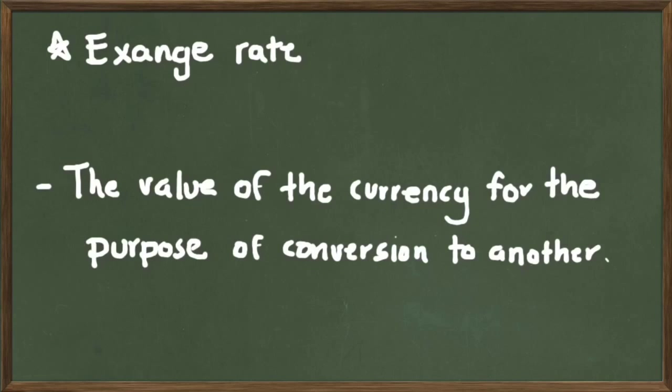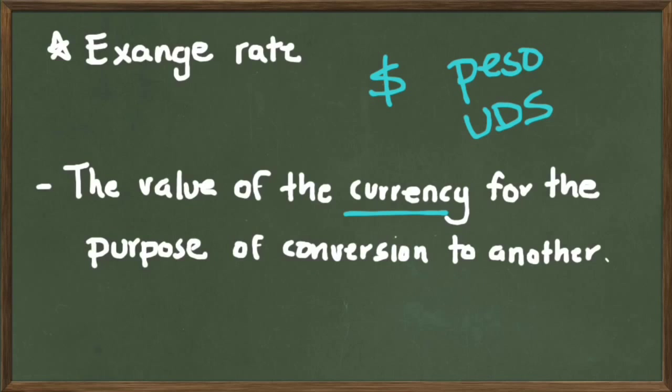Now we have exchange rate. Exchange rate refers to the value of a currency for the purpose of conversion to another. Don't forget that currency refers to the type of money, the type of coins and banknotes. For example, in Mexico we have the peso. In the U.S. we have the dollar. What else?